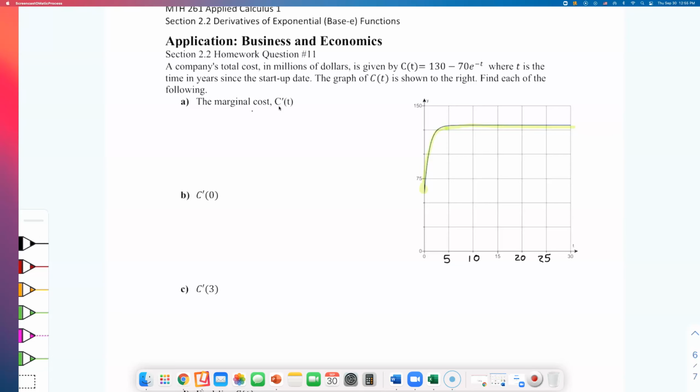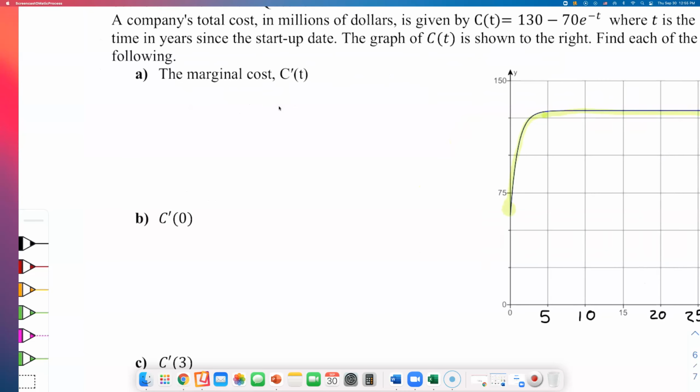So C prime of t is equal to the derivative of the cost function with respect to t. That means the change in cost with respect to time in years. So how is the cost changing?